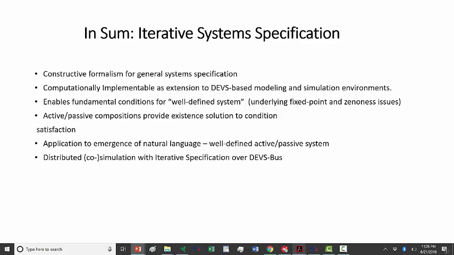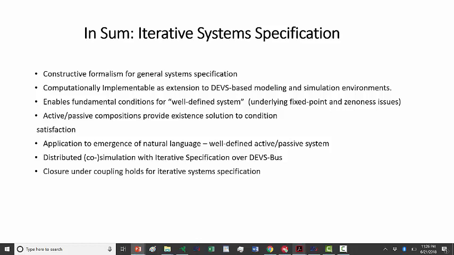And we've seen a little bit about how the iterative specification allows us to consider a wide variety of possible iteratively specified systems, including the ones we know about currently, and couple them together, co-simulate them in a distributed simulation environment.